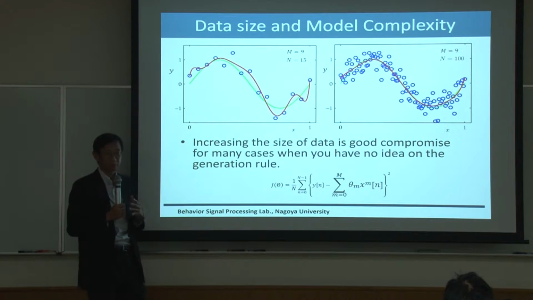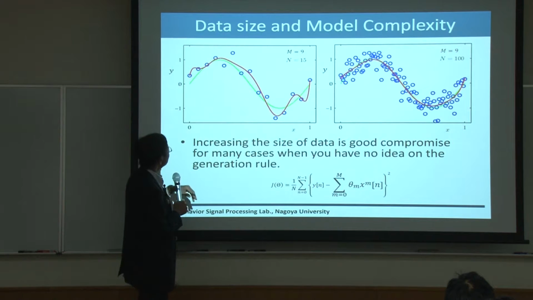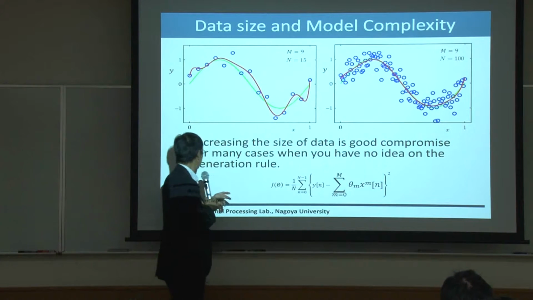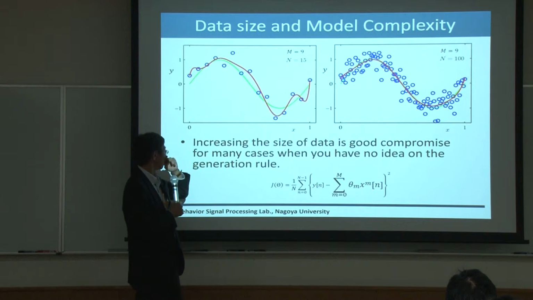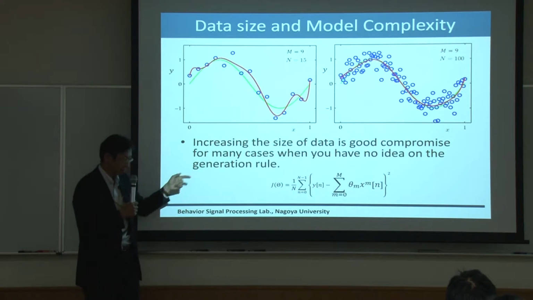That sometimes helps your life. And this is another sample, okay? So increasing the size of the data is a good compromise for many cases when you have no idea about the generalization rule, or generation rule, I mean.